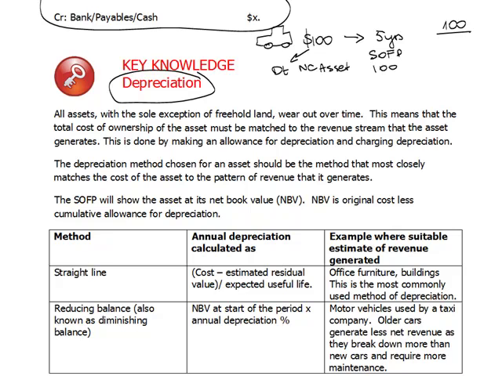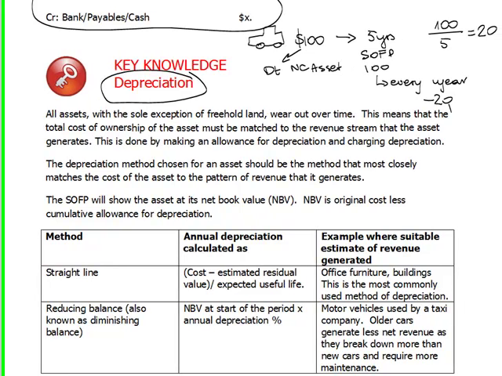So 100 divided by 5 should be expensed every year. So every year this value will be reduced by 20 and expenses will be recognized.